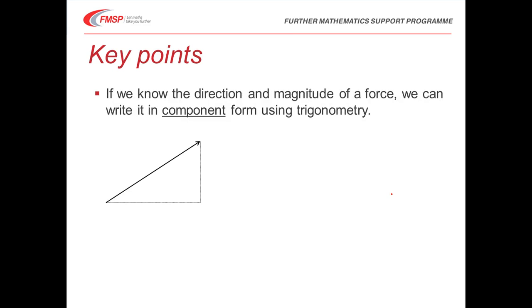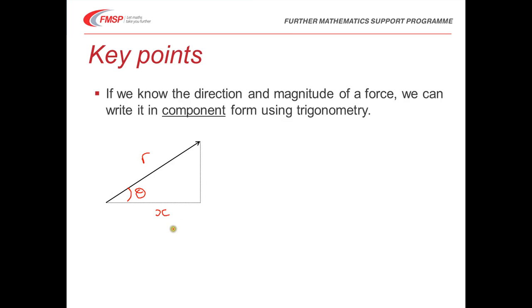Now, if we know the direction and magnitude of a force, we can write it in component form using trigonometry. So let's suppose the length of this vector is r, that's its magnitude, and let's suppose that that angle there is theta. And I want to know the horizontal component, so I'll call it x.